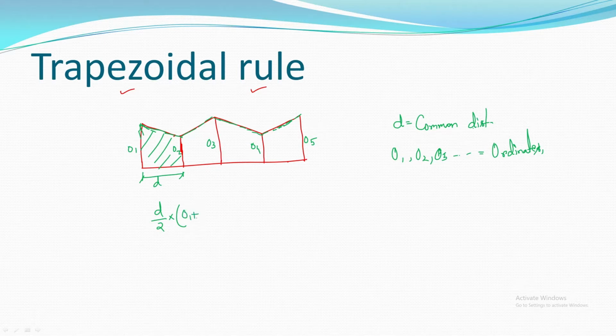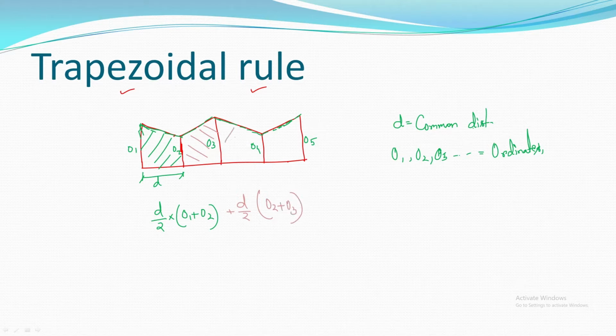So O1 plus O2. Now if you determine the area of the second portion, what will be the area then? That will be equal to d by 2 into O2 plus O3.